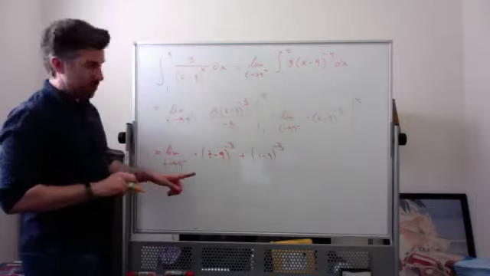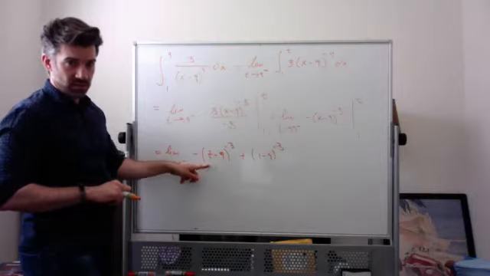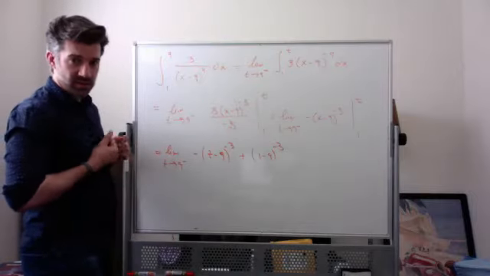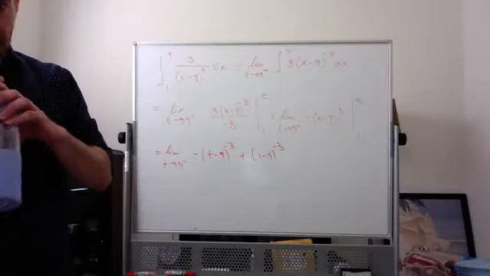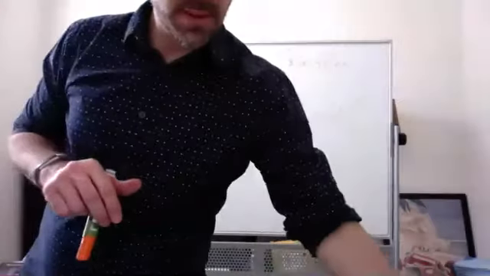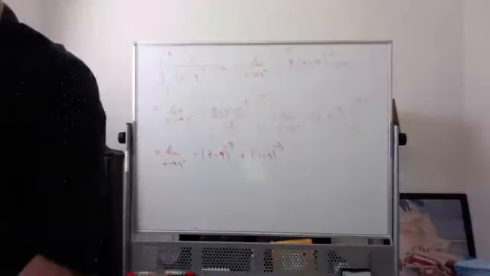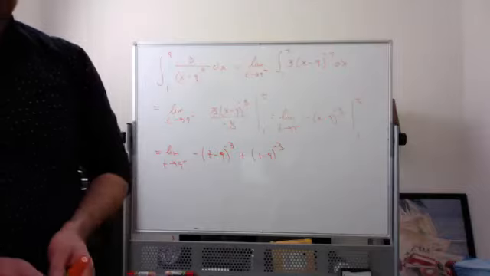All right, what happens when I plug in 9 here? What do I get? One of two things. It's either going to be 0 or it's going to be undefined. Which is?